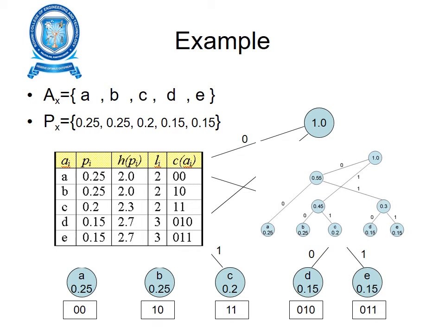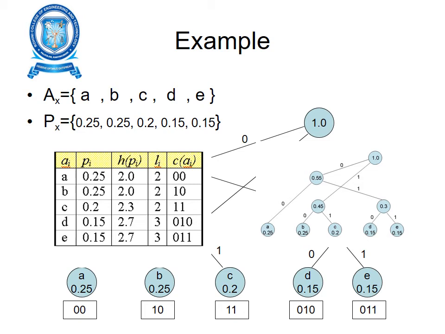We combine that and place it in the appropriate position, then shift the probabilities. Similarly the rest are found out, and then Li, which is the length of the bit. We round off the values present in h(pi), that is 2, 2, 2, and 2.7. When rounded off, we get 3.